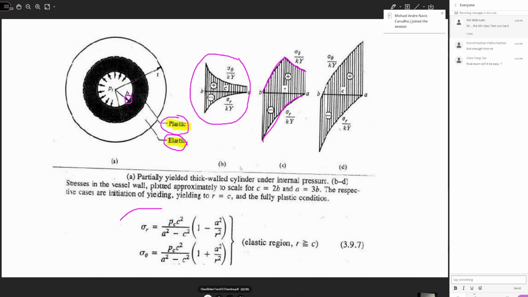You can use these expressions to calculate the radial stress and tangential stress. Here A, B, C are defined; they refer to the thicknesses of the elastic part and plastic part.